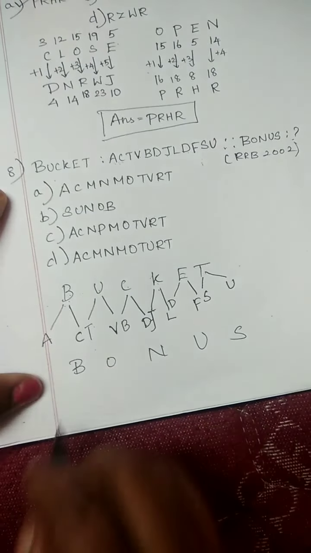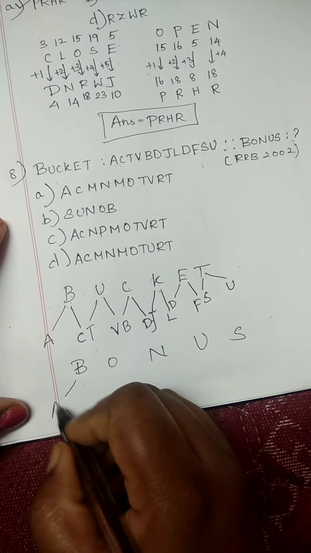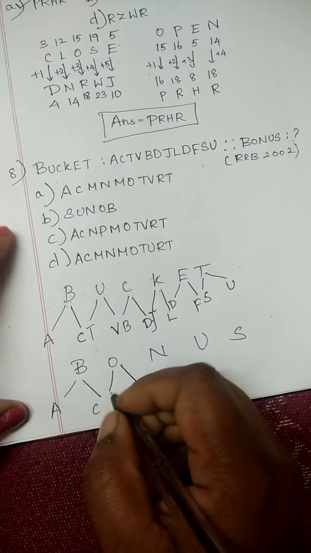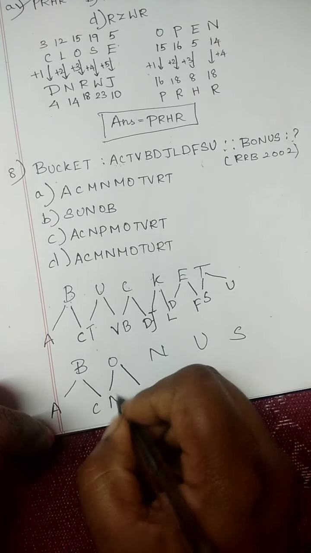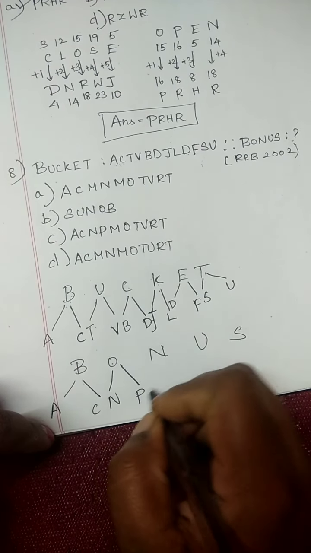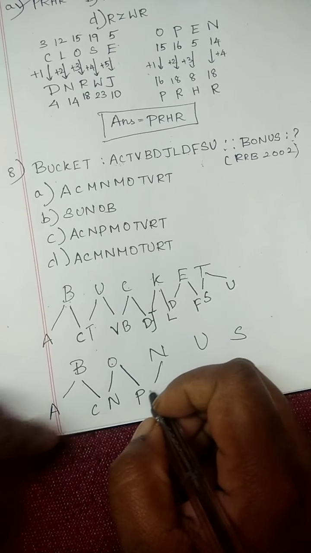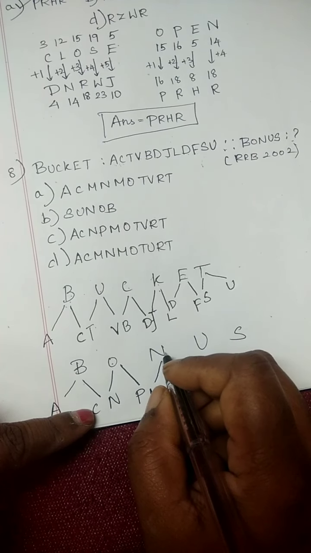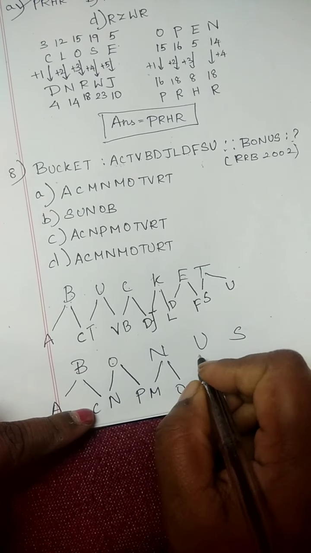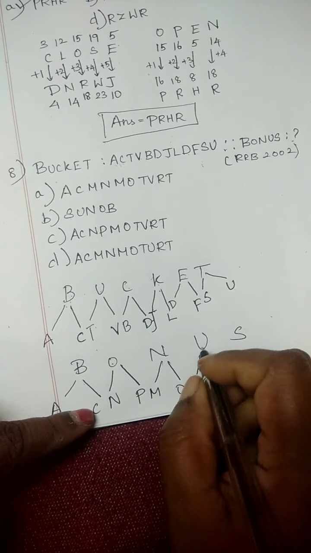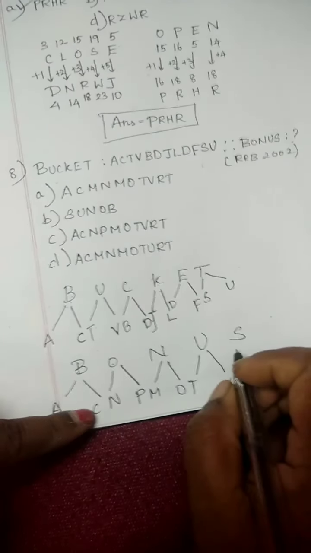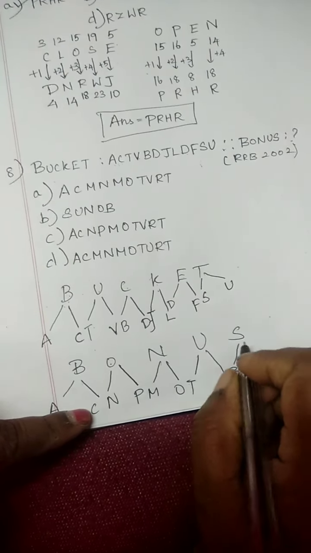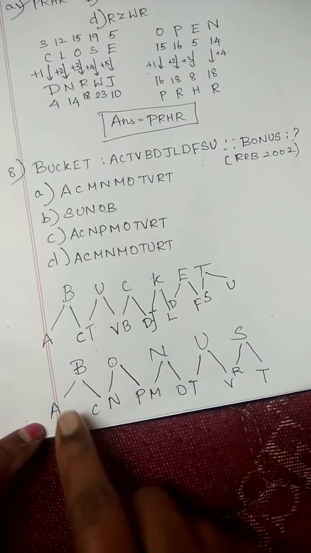B is between A and C, and then O is between N, O, P. N is between M, N, O. U is between T, U, V. Then S is between R and then T. So what's the answer here?